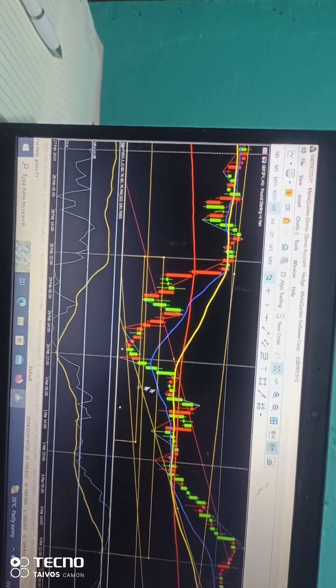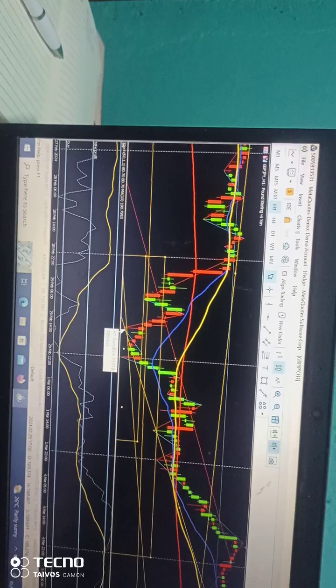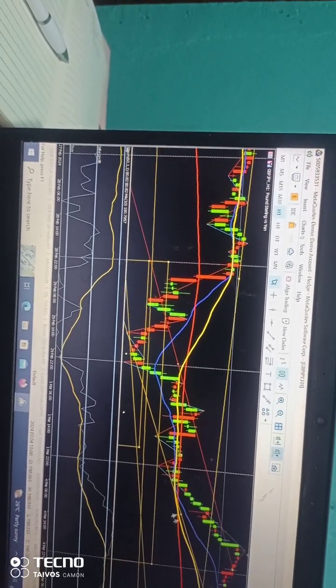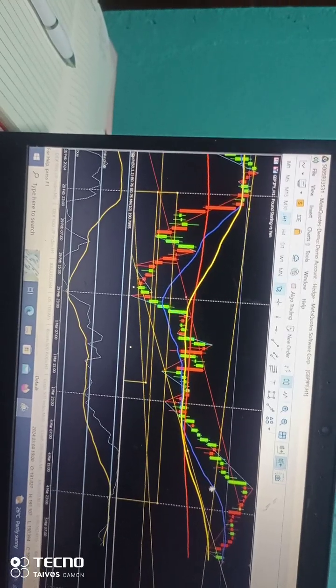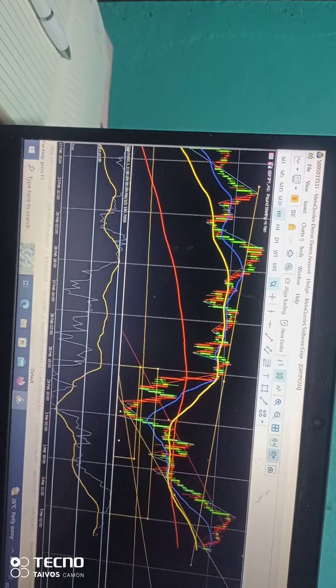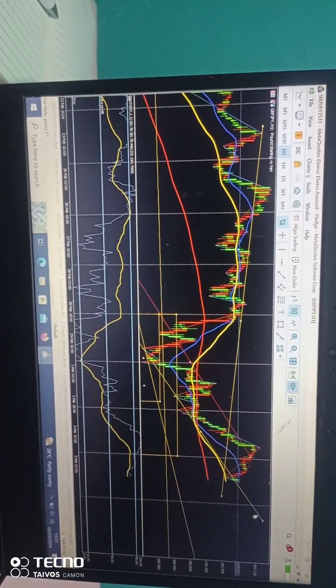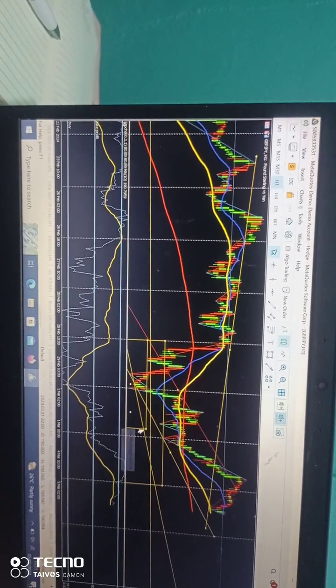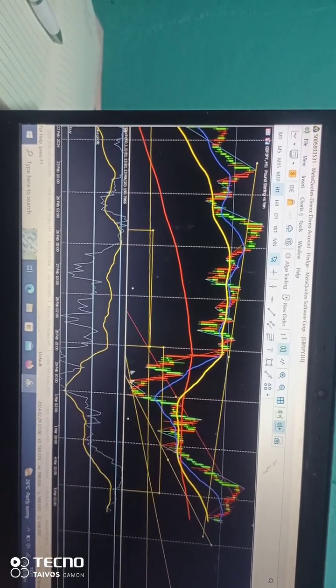So look here. This is a point, a point, a point, a point. So many points here. But now I want to have a point whereby the market is going to react. So I am going to take this trend line here. Then I have so many trend lines there.